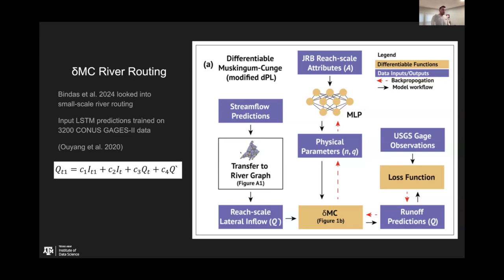So the lumped approach will only give you one prediction point, and that's where the observations are. So you don't actually understand how the water is getting there. So Muskingum-Cunge uses river routing to take in some inflow, so what water is going into your river stream. It takes the previous time step's discharge.